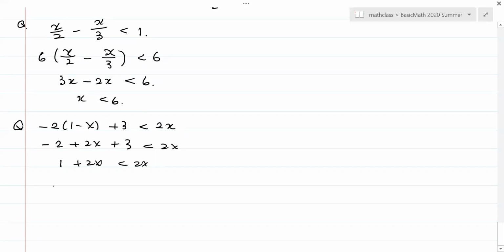Next step, you have to move -2x to the right-hand side, right? So 1 less than 2x minus 2x, which is 0. This is impossible. Okay, impossible means there's no solution. Why? Because if there's a solution, then the inequality holds at the very beginning. Then after simplifying, you end up with 1 less than 0. That's a contradiction, okay?